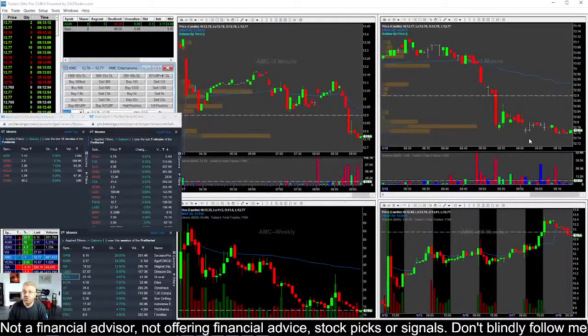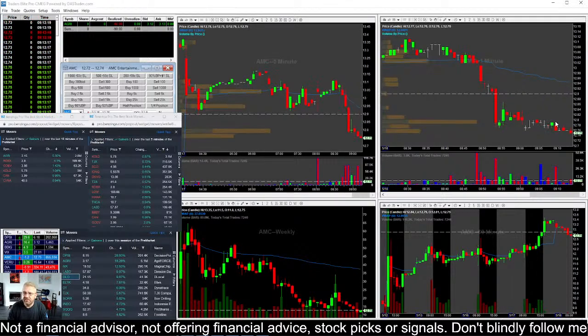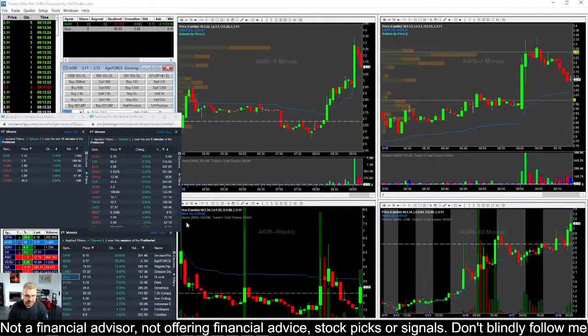And same goes for AMC. AMC has held most of its gains from yesterday, so potentially could pick up the volume after the bell. Agri is clearly the top performer this morning.